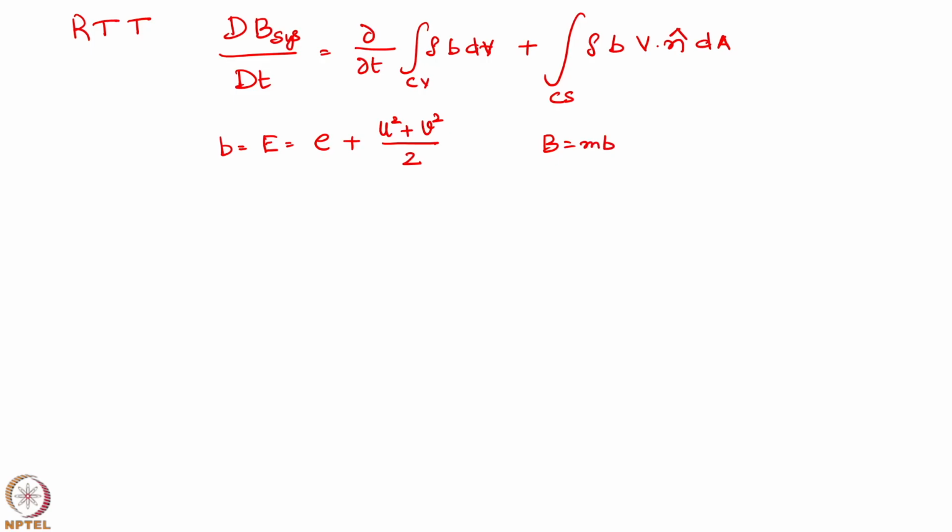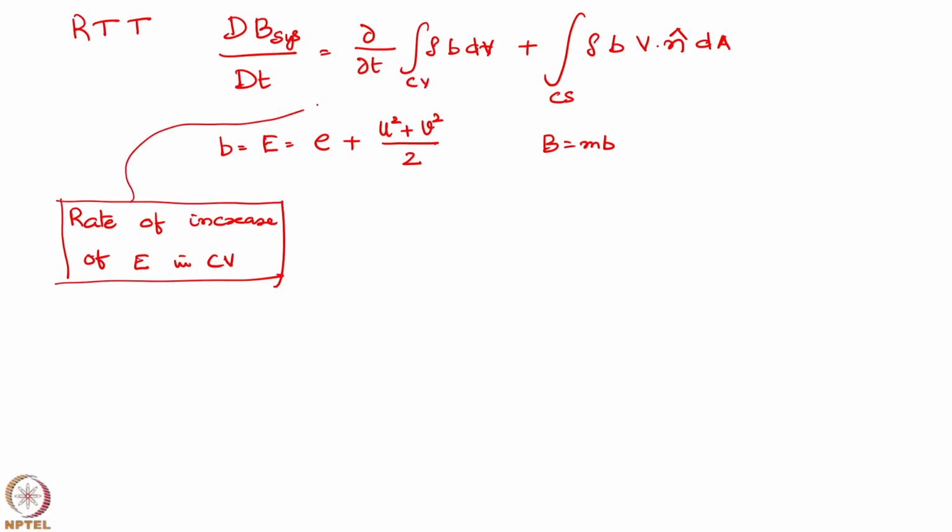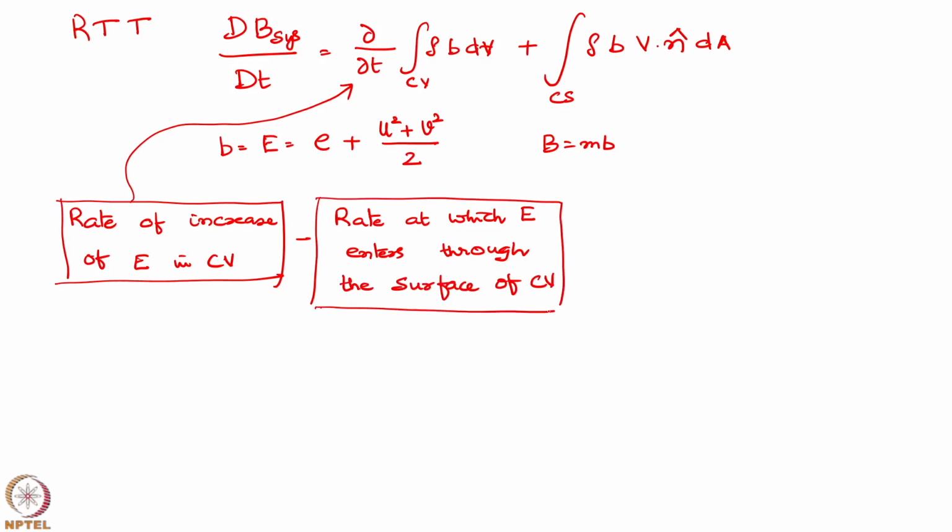If you apply this, what you get is the rate of increase of E in CV, that is this term, minus the rate at which E enters through the surface of the control volume plus the rate at which E leaves through the surface of the control volume.